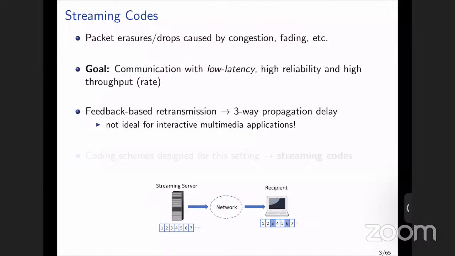If you run the calculations, even at light speed, a 3-way delay will be some 200 milliseconds, which might be too much for interactive multimedia applications. So what's the way forward? Instead of a feedback-based mechanism, we need to introduce forward error correction. Without waiting for any feedback, we need to do some FEC, some erasure coding.